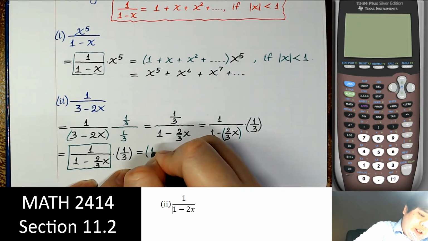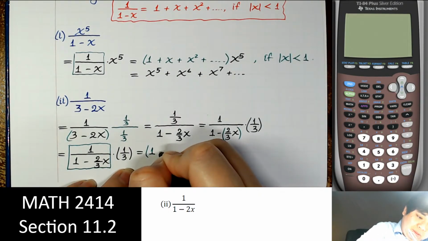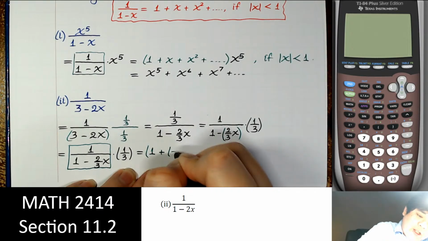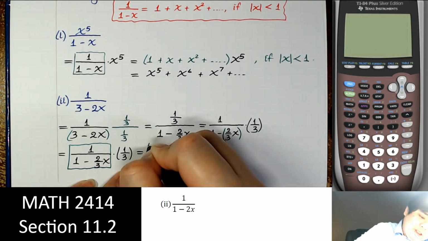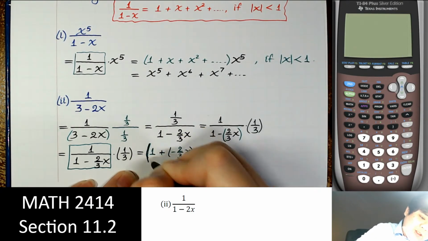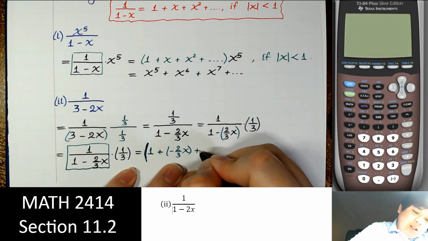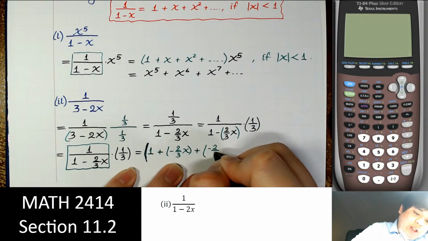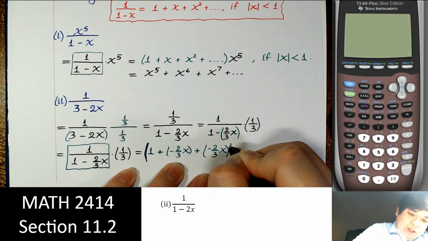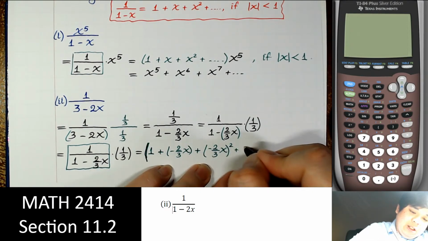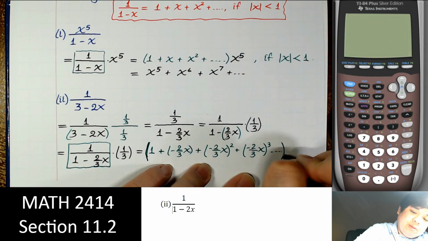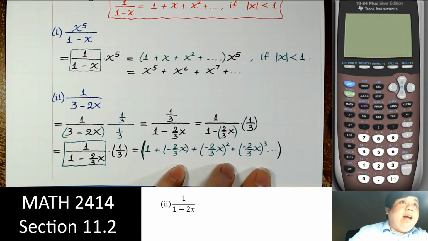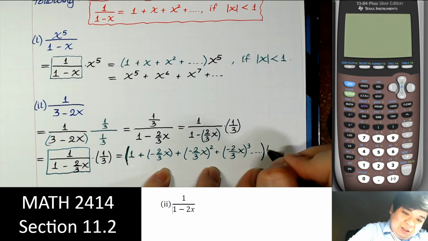So we're going to have 1 plus 2 over 3 x plus 2 over 3 x squared plus 2 over 3 x cubed, and so on, and then multiply by 1/3.